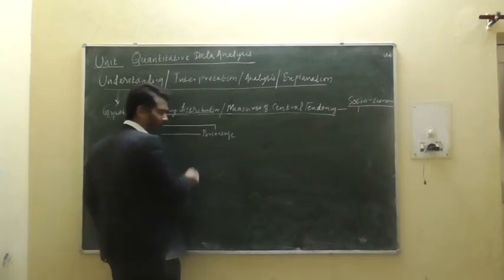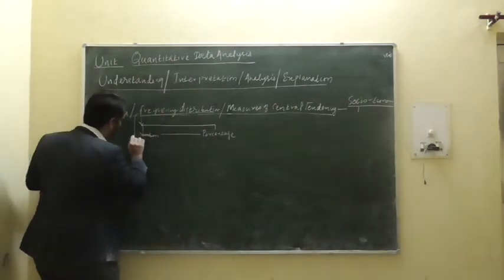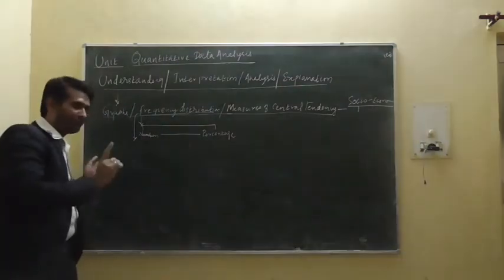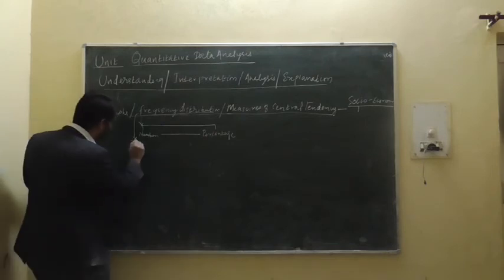So this is clearly used for the univariate variable, but at the same time the frequency distribution we would like to project in table format, not through the pictorial representation.